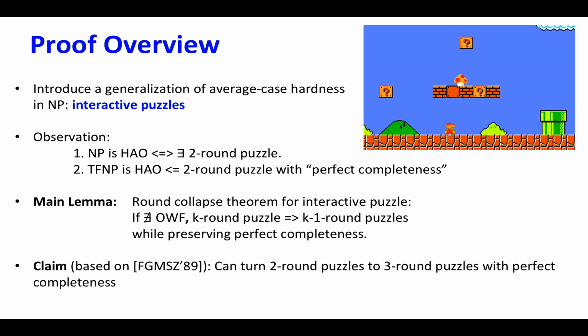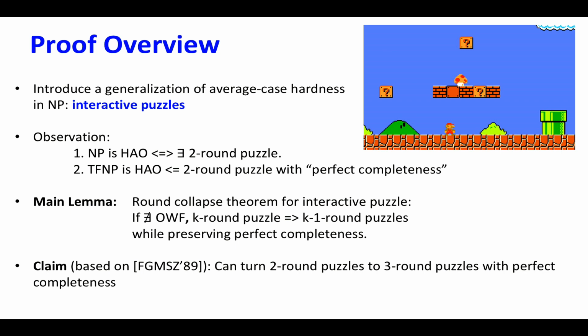So let me now just zoom out and wrap up. What we've done is we introduced this kind of generalization of average case hardness that we call interactive puzzles. And the main thing that we showed was that if one-way functions don't exist, then the Babai-Moran transformation actually works. And that means that we can take a k-round puzzle and collapse it into a (k-1)-round puzzle while preserving perfect completeness.